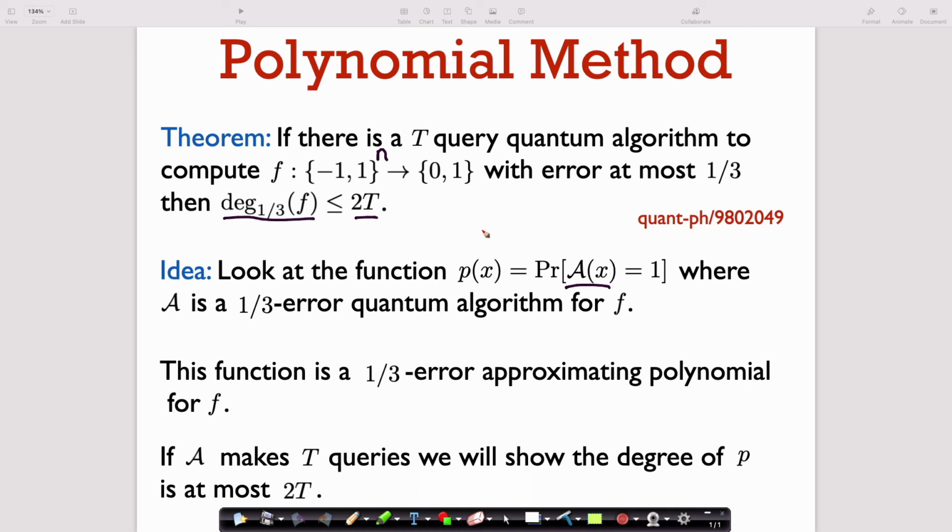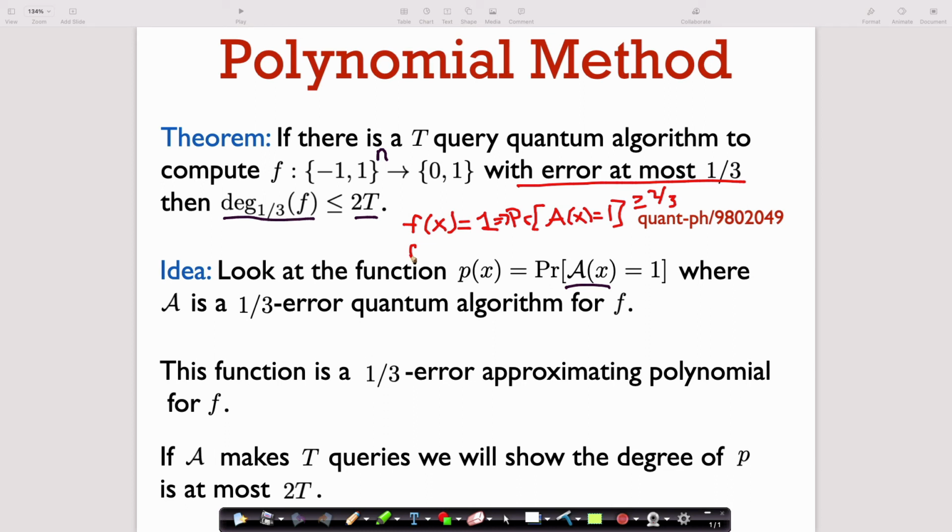By our assumption that our quantum algorithm computes f with error at most 1/3, we know that f of x equals 1 implies the probability that A of x equals 1 is greater than or equal to 2/3.